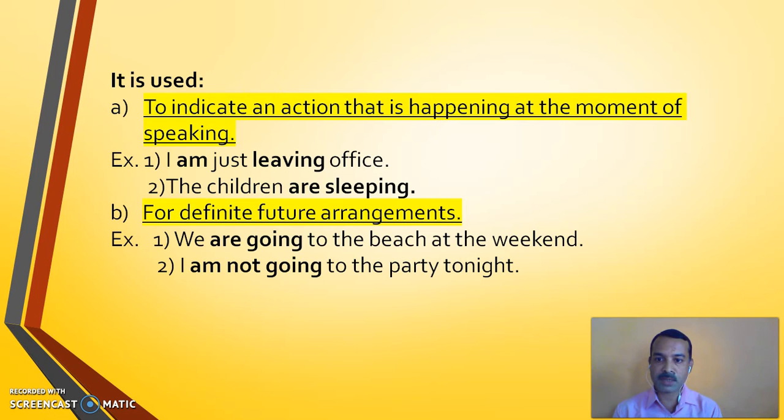For example, I am just leaving the office. Here we can see am is used after the subject, and after the main verb leave comes ing, leaving. I am leaving office. मी ऑफिस सोडत आहे.